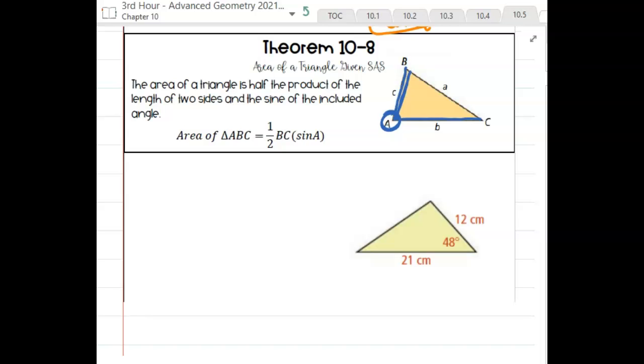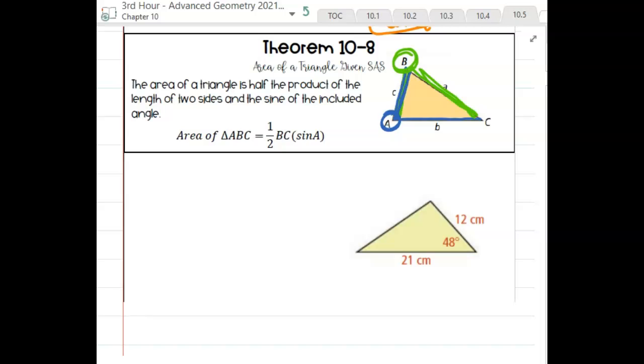To find the area of this triangle, you're going to take 1/2 times B times C, and then multiply that by the sine of A. If by chance they gave you the measure of angle B, you would take 1/2 times C times A times the sine of B.